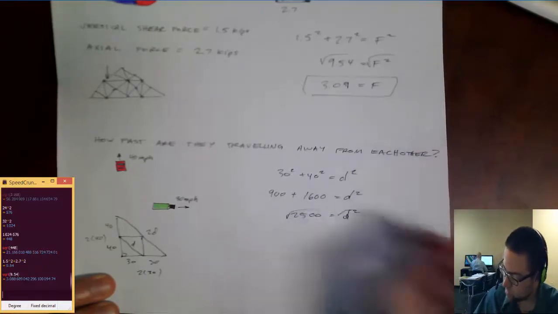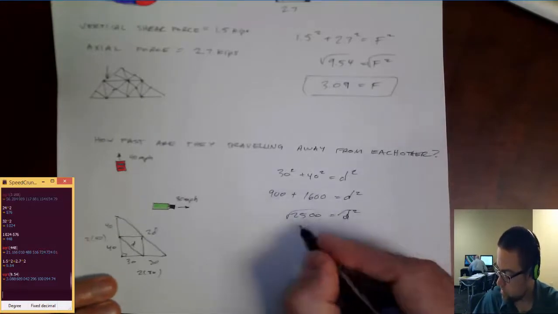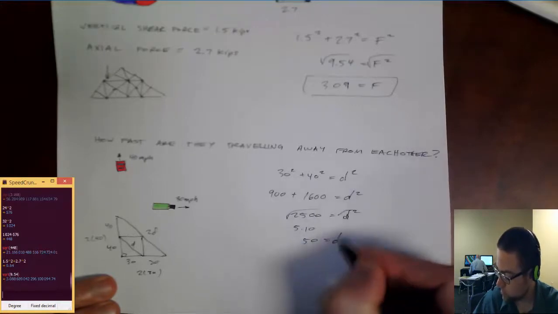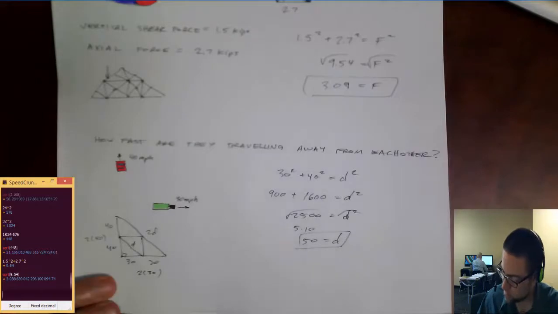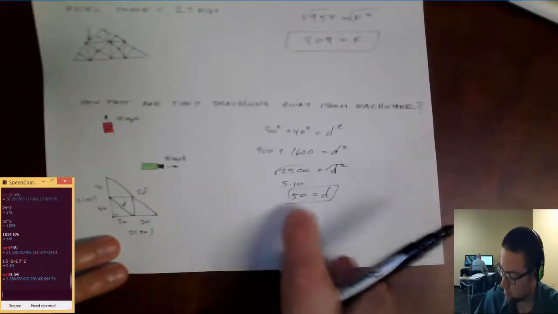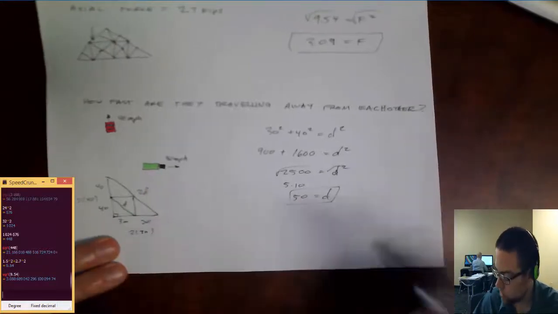And square root both sides. Square root of 25 is 5. Square root of 100 is 10. So this would be 5 times 10, or 50. Okay, so this is our distance d. And this was 50 miles in 1 hour. They were apart, right? So 50 miles in 1 hour.